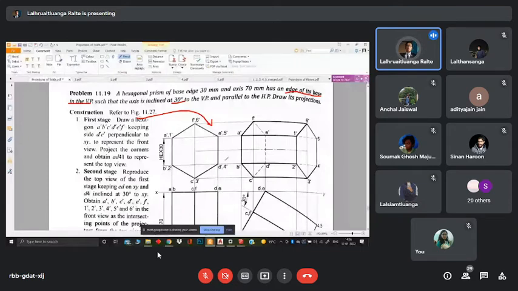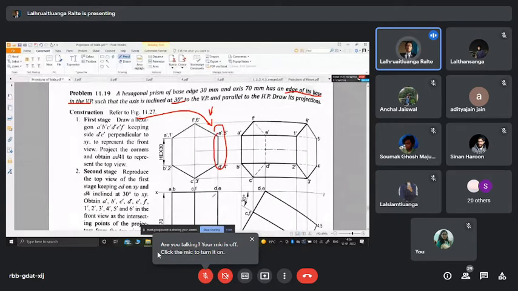So as we are drafting in the VP, our edge here, which is this one, is going to be perpendicular to the horizontal plane. The reason why we do this is because we are going to tilt it, and this particular edge is still going to be in the VP, so it's going to lie intact. So we make it like this in the first stage.